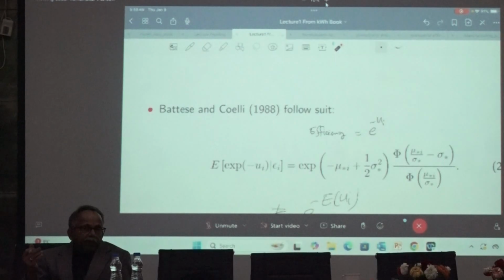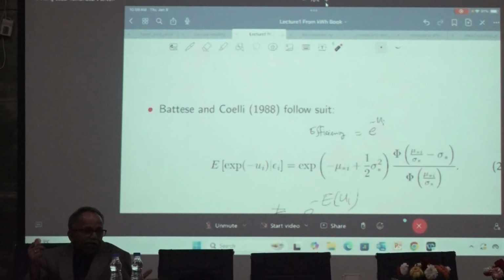R will give you estimates of u, which is inefficiency, and estimates of e to the power minus u, which is efficiency. Remember that if I say you are 90% efficient, that means you are 10% inefficient. So either way, you can report either u or e to the power minus u, inefficiency or efficiency. Sometimes people prefer to report efficiency because it is a number between 0 and 1.